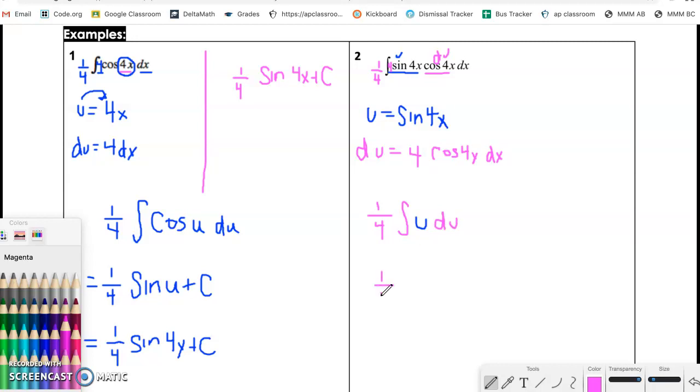So I have the 1/4, and I integrate u using the power rule. Remember, there's an invisible 1 as an exponent, so I add 1 to my exponent and it becomes u squared, and I multiply by the reciprocal of the exponent, so 1/2.